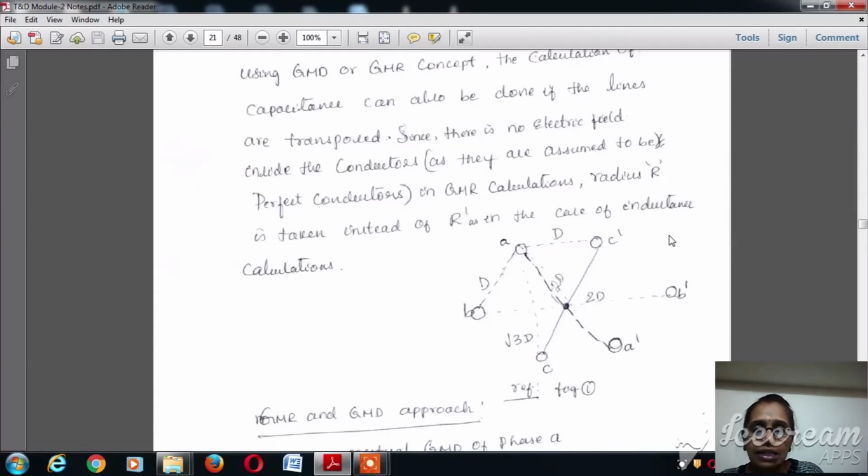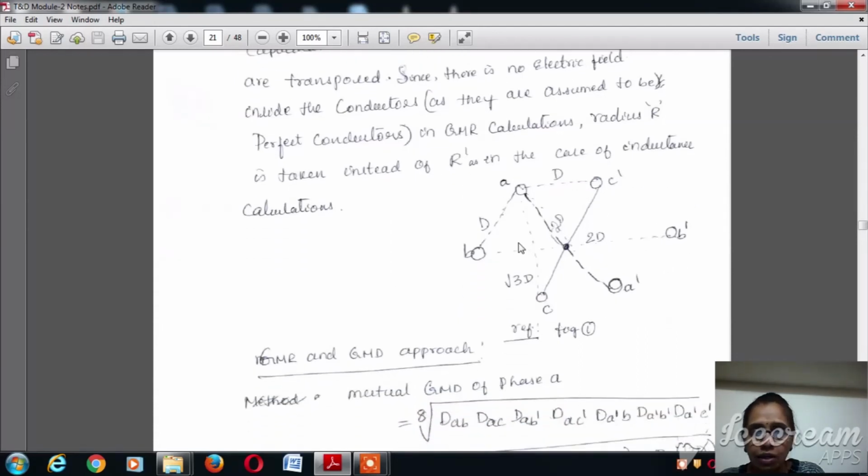Now, as in the case of inductance calculations, we are seeing the transposed transmission lines. Let's see conductors A, B, C, and conductors A dash, B dash and C dash. Now we consider any one of the lines.